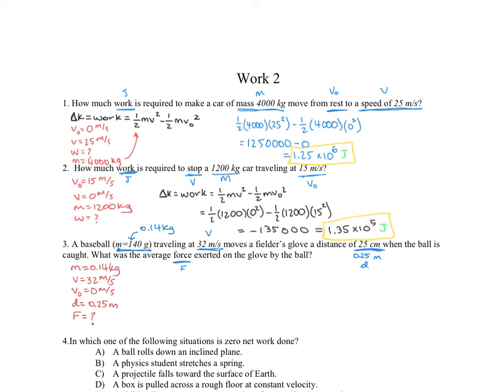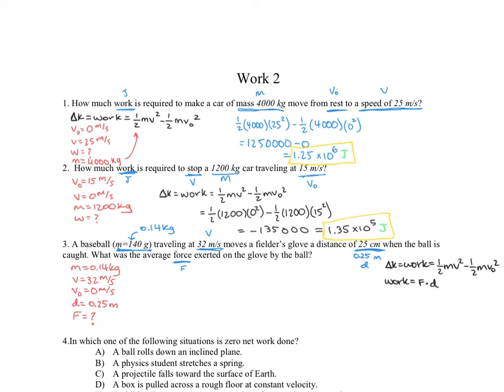There are multiple formulas to solve for work, but there's two very important ones, which are work is equal to 1/2 mv squared minus 1/2 mv naught squared. But then we also have work is equal to force times displacement. There are, of course, other formulas that equal work, but these are the two main ones you need for this specific problem.